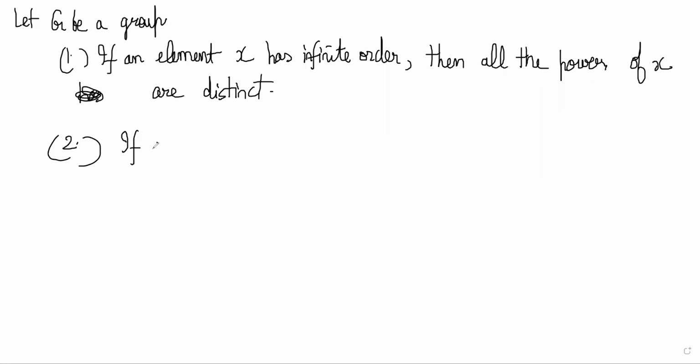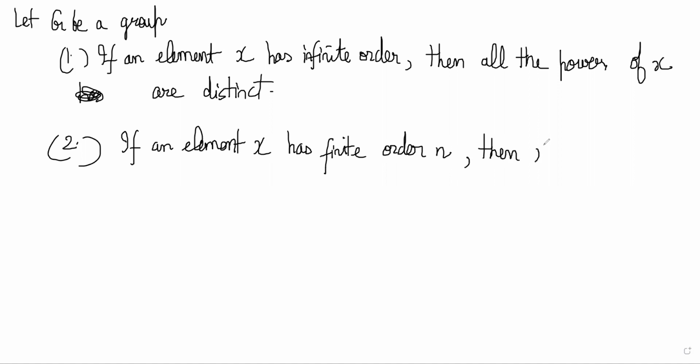Then we have, if an element x has finite order n, then x power r is equal to x power s if and only if r is congruent to s mod n. So as long as both of r and s have the same remainder when divided by n, then they are similar types of numbers.